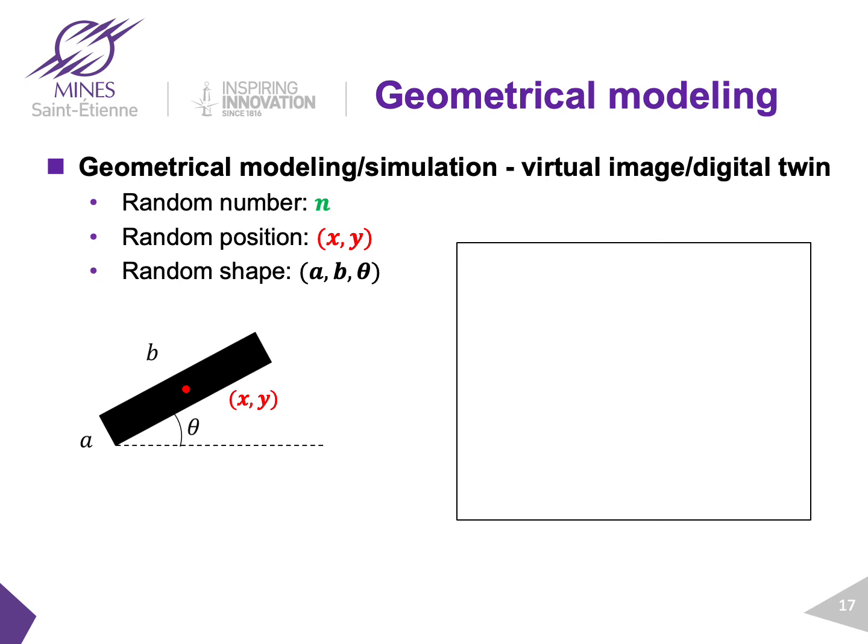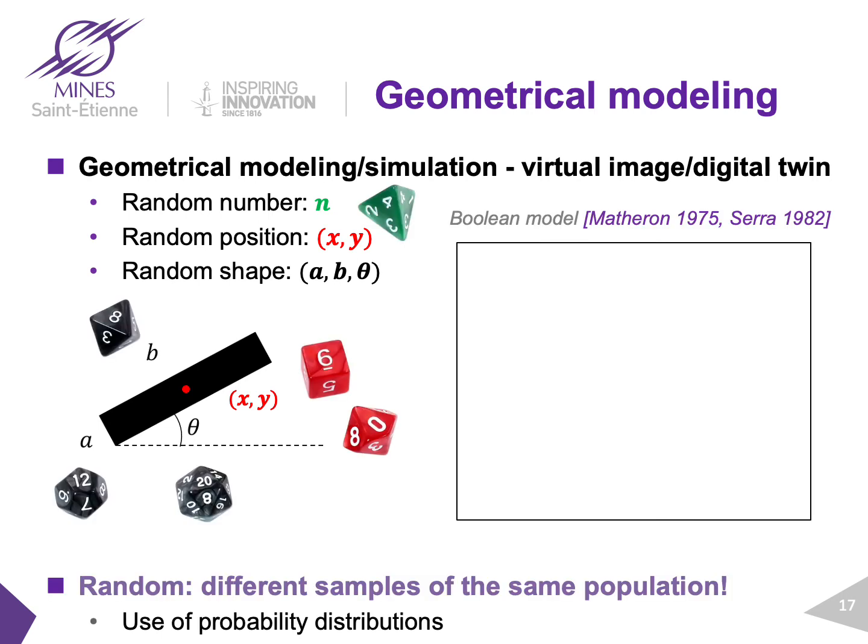For this model, we have different parameters representing the particles. Firstly, the number of particles, which is denoted here by the parameter n. We have also for each particle its position with the coordinates x and y in red, and also the shape with the width, length, and orientation theta. And we consider that all these parameters, these values, are random.